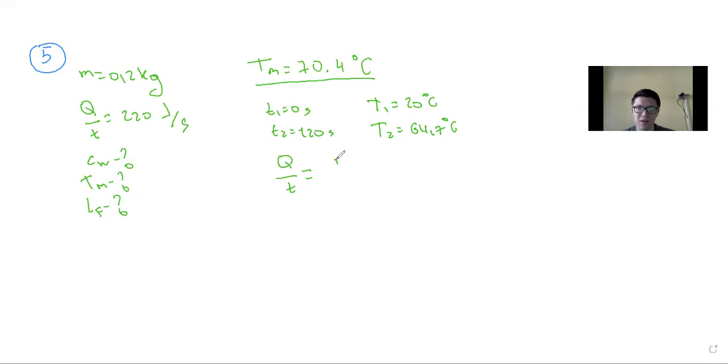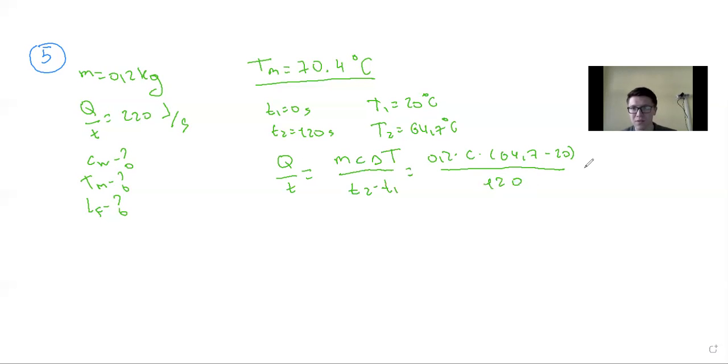No, Q will be M C delta T over T2 minus T1. So M is 0.2, C is not given, delta T is 64.7 minus 20, over T2 minus T1, which is actually 120 seconds. It equals 22 joule per second.